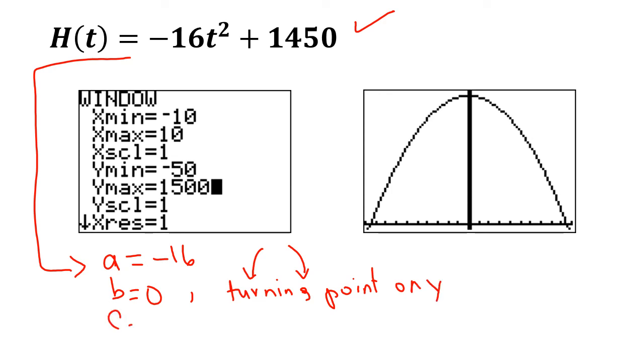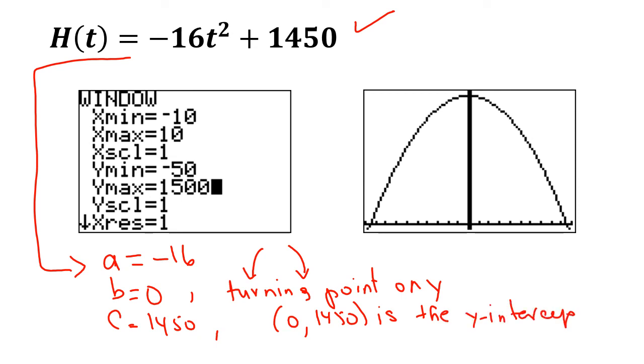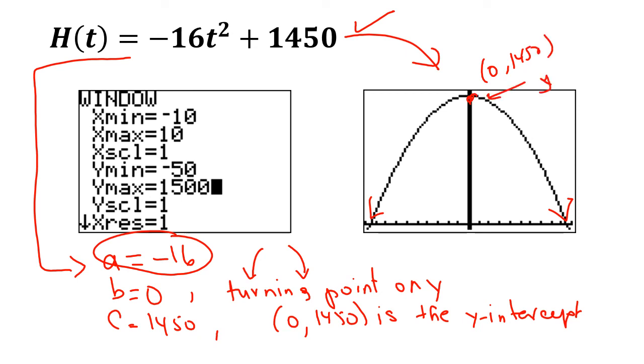And C is equal to 1450, which means that (0, 1450) is the y-intercept. So right here we have the graph corresponding to this function, and we can see that all these things are true. The parabola opens down, the y-intercept is (0, 1450), and the turning point happens at the y-axis.